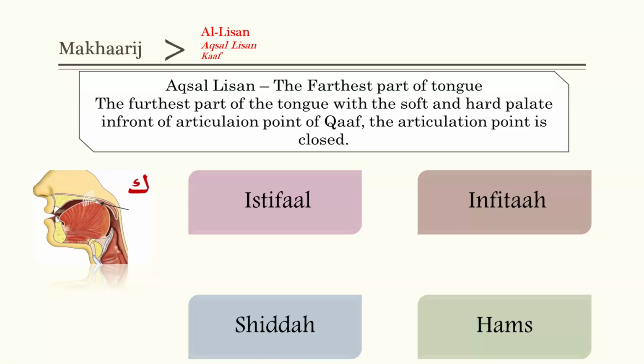That's where the kaf makhrij starts. And this one also has a closed articulation point. So with the kaf, when the two articulation points collide, there's almost no strength at all. Okay.